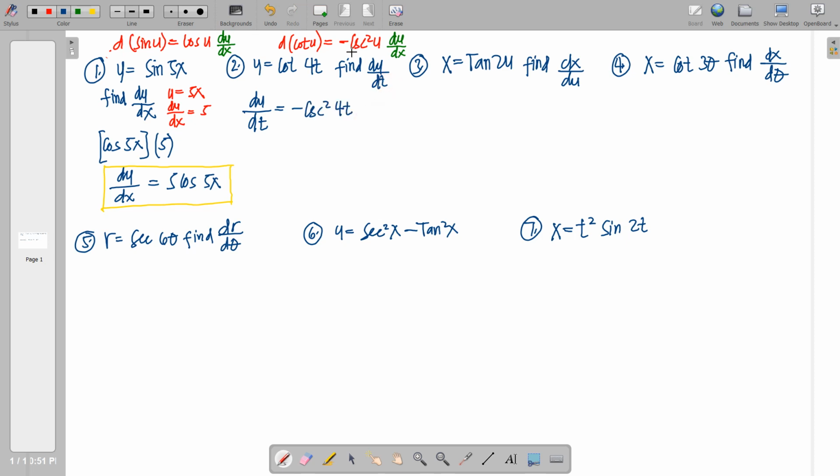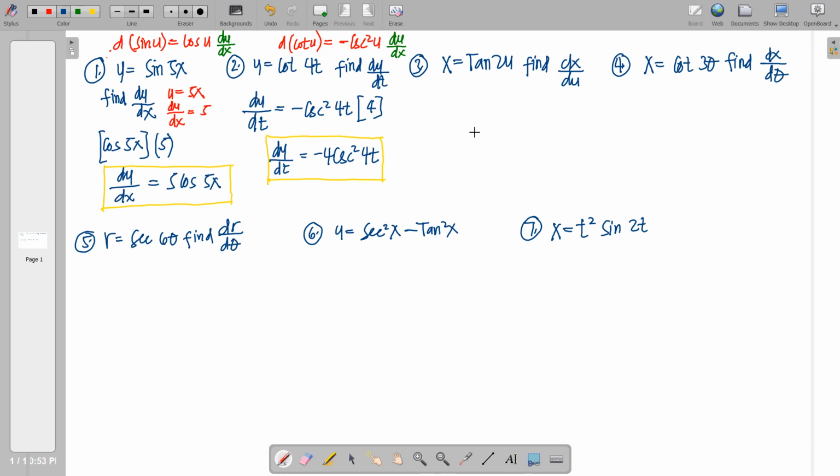So we execute this derivation. So cotangent 4t will become negative cosecant squared of 4t multiplied by our derivation of 4t, which is equal to 4. So finally, the answer dy over dt is equal to negative 4 cosecant squared of 4t. So this must be the answer.